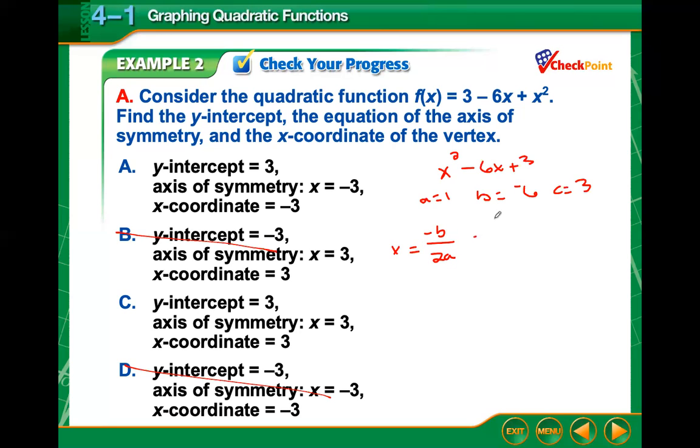So -6 over 2 times 1 gets us -3. Two negatives make a positive, so x equals +3. So our answer is C.